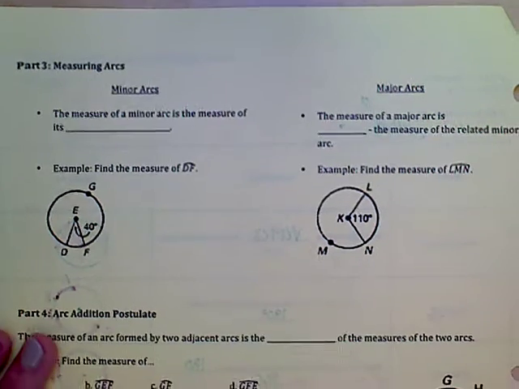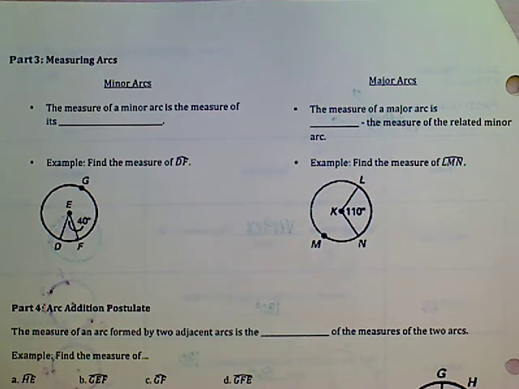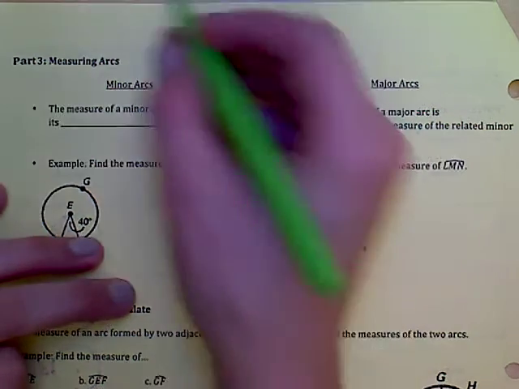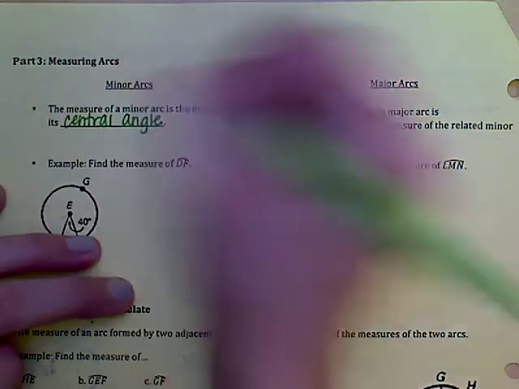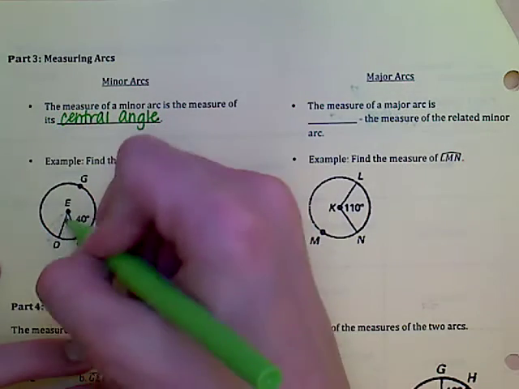Now we're going to get into measuring arcs. So minor arcs, we know the measure of a minor arc is always going to be less than 180, so less than half the circle. And to throw in one of our other vocab words, you need to know the measure of a minor arc is the measure of its central angle. Remember, we said a central angle is like the slice of the pizza.